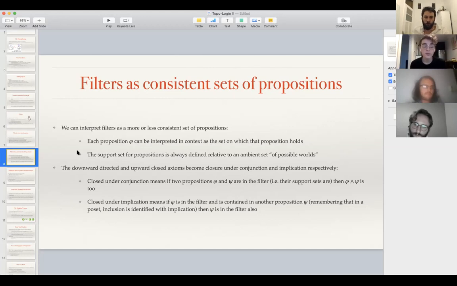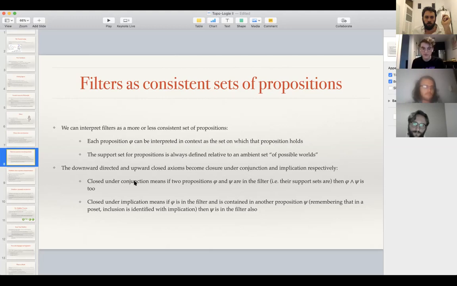It's important that we always keep in mind that there's always a support set behind. So it's never exactly the full proposition, but always the proposition in terms of some model. In general, these models will be large and have enough flavor to be interesting. So these two axioms I mentioned before, downward directed and upward closed, if we interpret it this way, become closure under conjunction and implication.